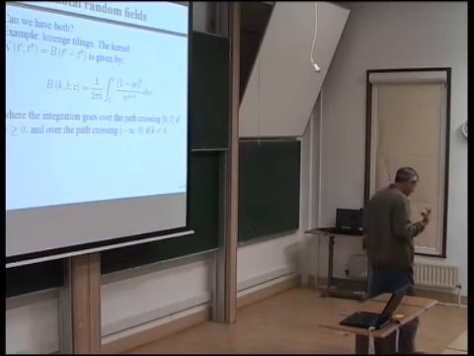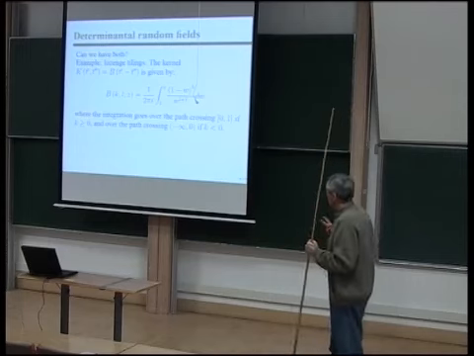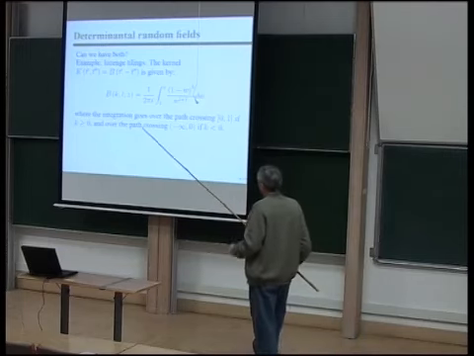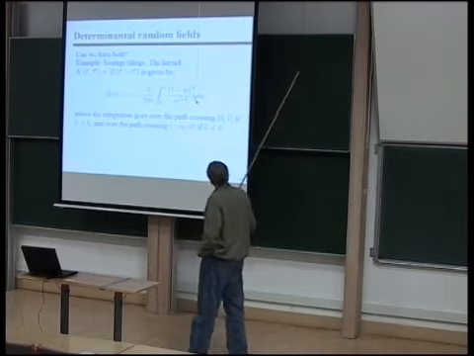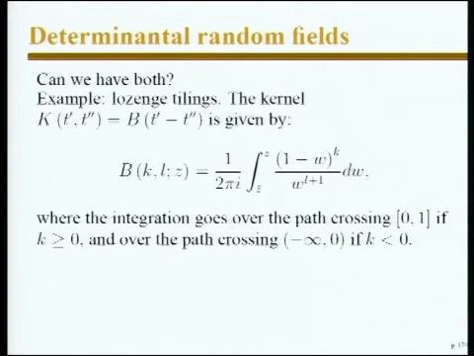In that case, the kernel is translation invariant, so it just depends on the difference of those two lattice sites, and it is given by this formula. You have to compute, for every vector with integer coordinates k and l, this integral.